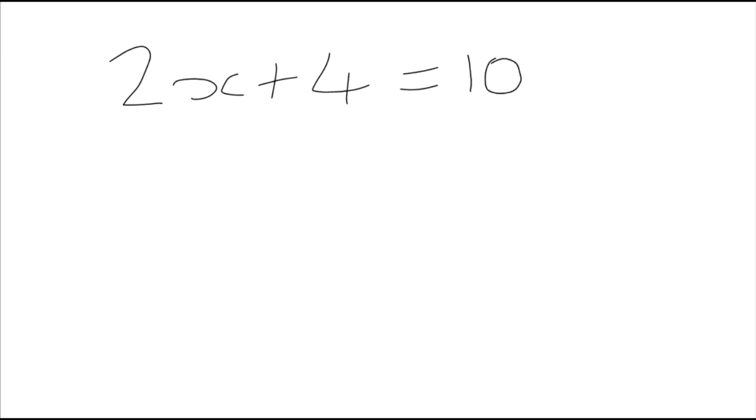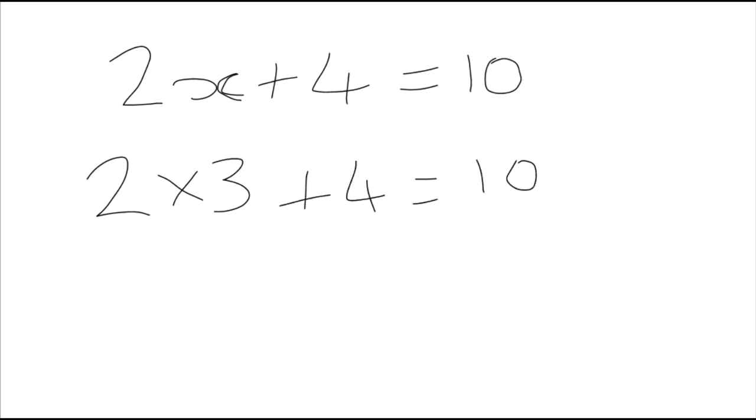Now, if you're not sure about your answer, you can actually substitute the answer back into the original equation. So 2x plus 4 equals 10, and I got my answer as being 3. So I need to substitute 3 into here. 2x actually means 2 multiplied by 3, plus 4 equals 10. Now, on this side we have got a multiplication and an addition. If we use our rules of BIDMAS, we would know that it's this operation that we need to do first.